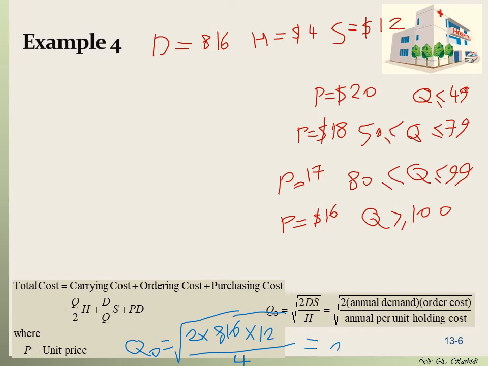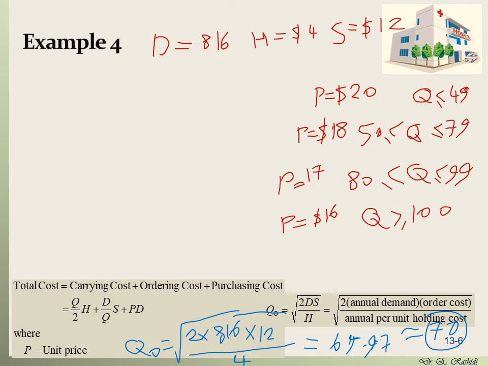And that's going to be 69.97. If we round this up, it would be 70. So the quantity that we find using this formula is 70.